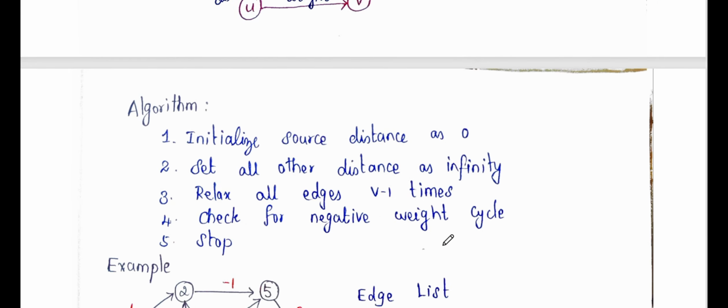So the algorithm of Bellman Ford: initialize source distance as 0, set all other distances to infinity. Relax all edges V minus 1 times, check for a negative weight cycle, then stop. So the Bellman Ford algorithm is used to find a negative weight cycle also. What is a negative weight cycle?